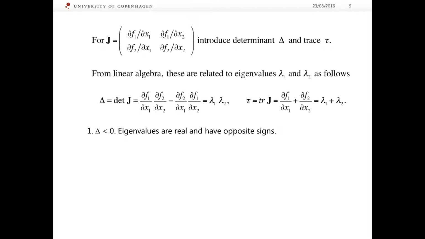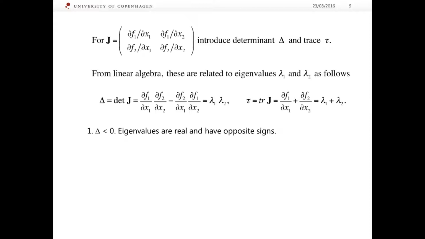Start from the case when the determinant delta is negative. This can only mean, since the product of lambda 1 and lambda 2 is equal to this determinant, that the eigenvalues are real, and if one of them is positive, the other must be negative, so they must have opposite signs.